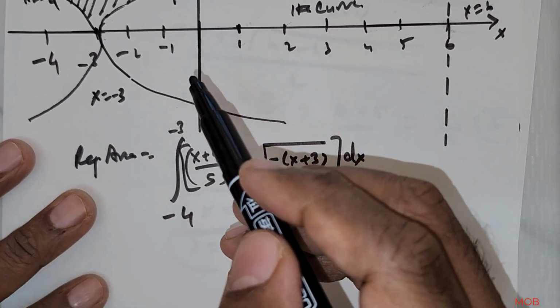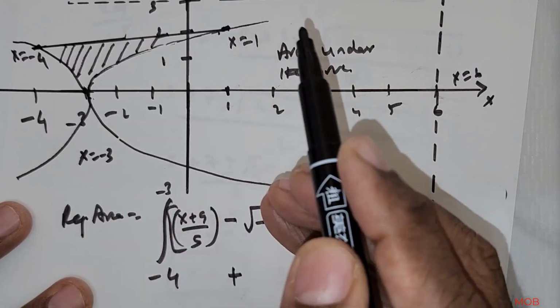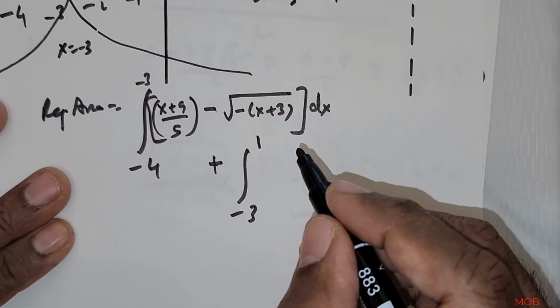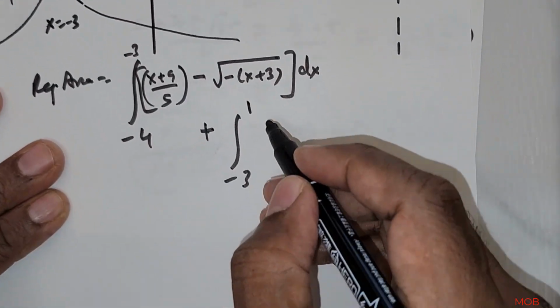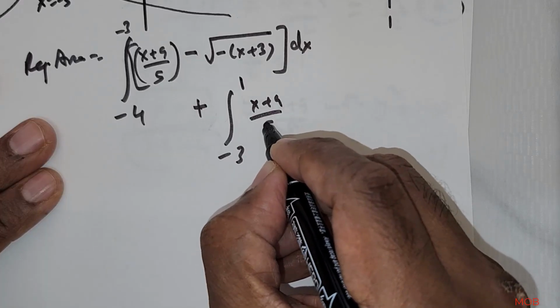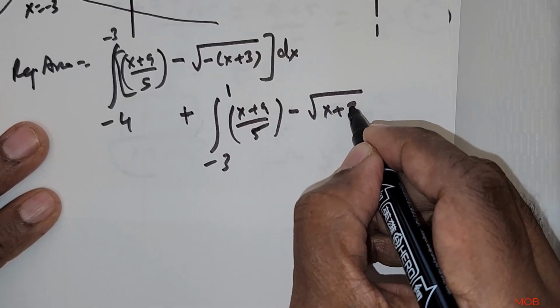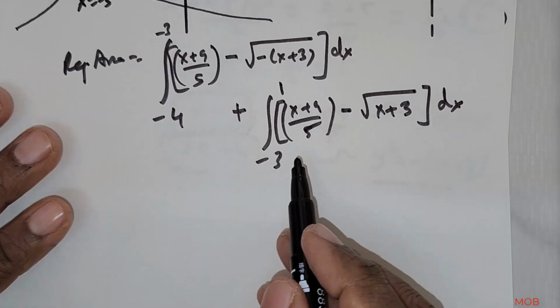followed by the next region, so we have reached here to this point. So from here we have to stretch. So this is going to be -3 to 1, and also we need to have the line. From the line we remove the curve x plus 3. So this is going to be the required region.